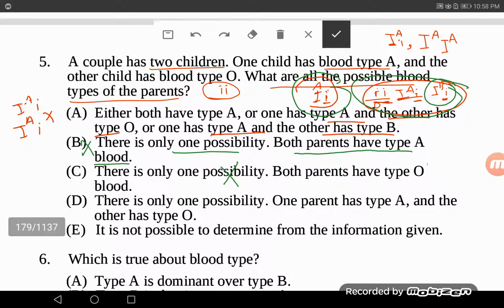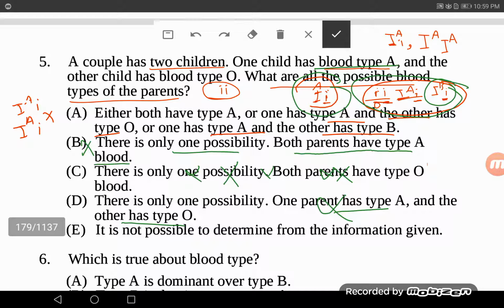How could one of the babies contain A if both parents have O? Absolutely their babies would be O blood group, but one of the children has blood type A, so it's not this one. There's only one possibility: one parent has type A and the other has type O. We have more than this possibility, so it's not this one. It's not possible to determine from the information given.